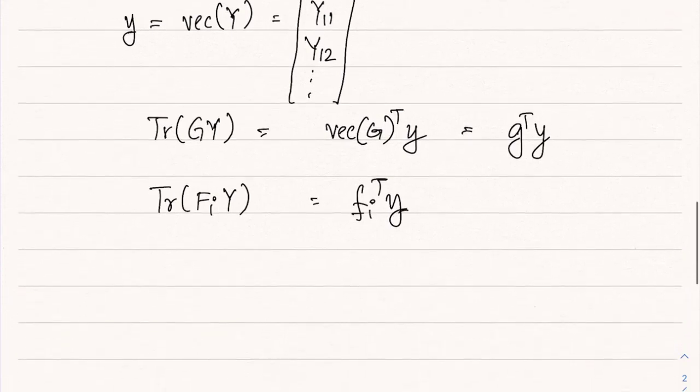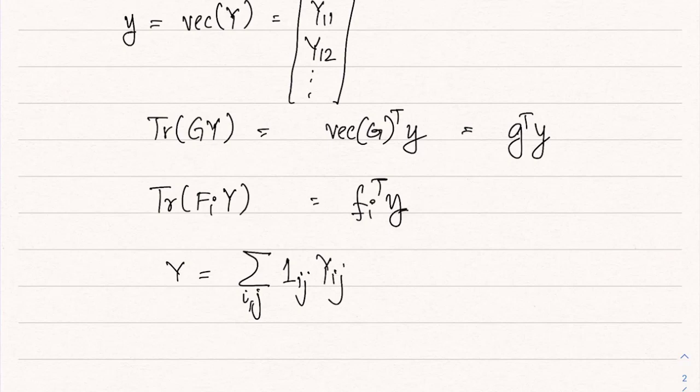And then what is this LMI constraint? Y can be written as summation over i, j of 1ij times yij. And what is 1ij? 1ij is a matrix whose ijth entry is 1 and everything else is 0.